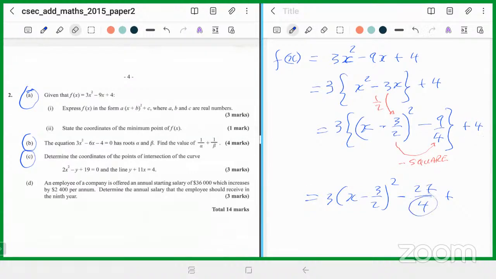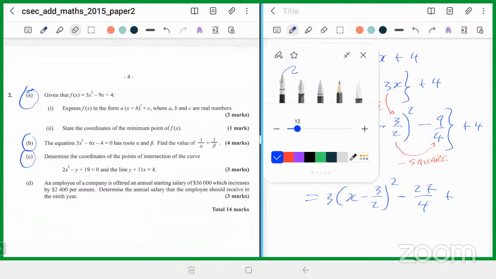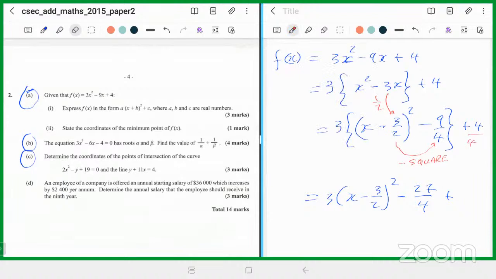Because this has a denominator of 4, I'm going to write this 4 as 16 over 4. I multiply under here by 4, I multiply up here by 4. 4 times 4 is 16, so 4 is the same as 16 over 4, because I want the same denominator as this one. So I can concentrate and work the numerator.